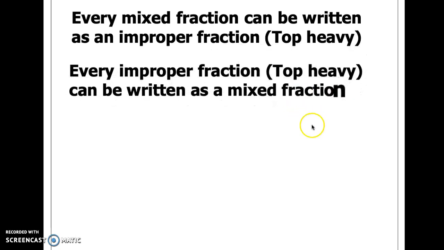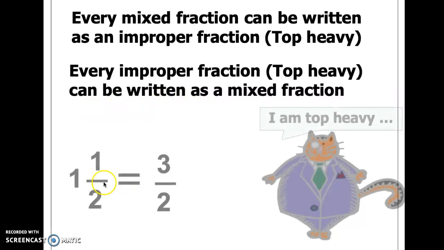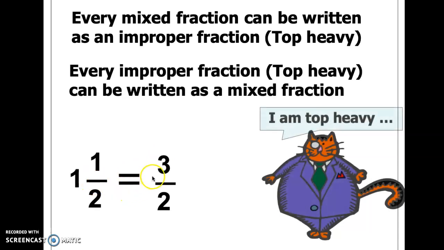Now, every mixed fraction can be written as an improper fraction, and every improper fraction can be written as a mixed fraction. For example, we have 1½ is equivalent to 3/2.